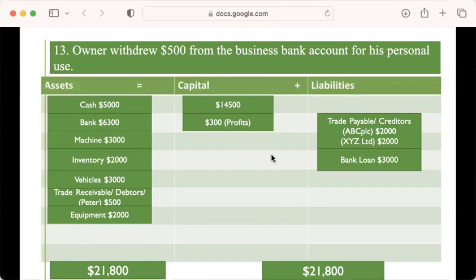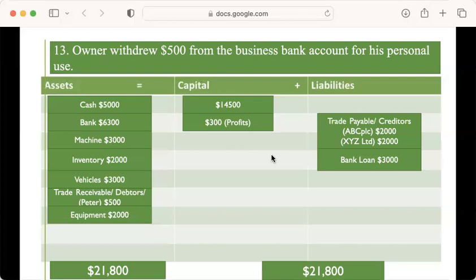But most importantly, you need to have about 2 or 3 skills to be greatly successful in accounting. One is common sense. What I mean is the common sense to understand what are the two effects of business transactions. That is, when one transaction occurs, for example, owner withdrew 500 from the business bank account.